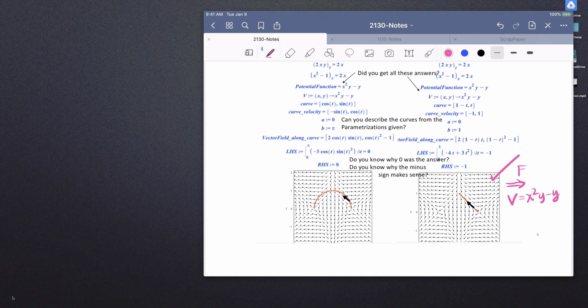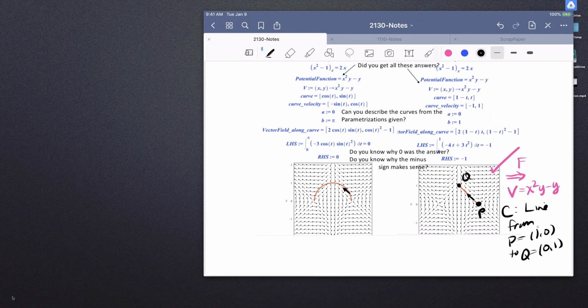Now we change the curve to be the straight line from the point P, 1, 0, to the point Q, which is 0, 1.